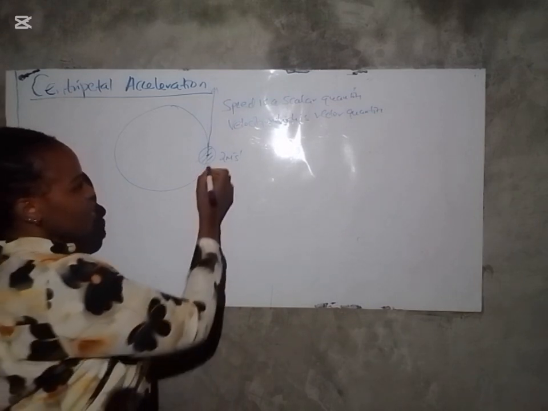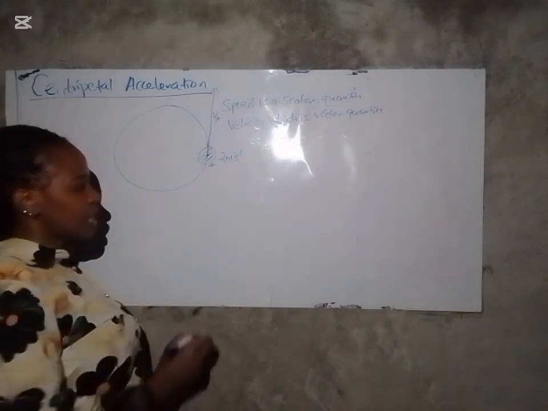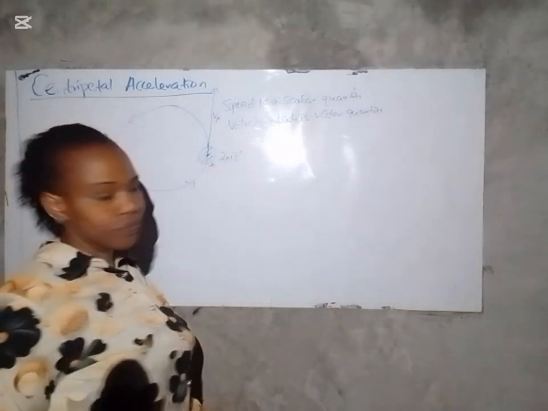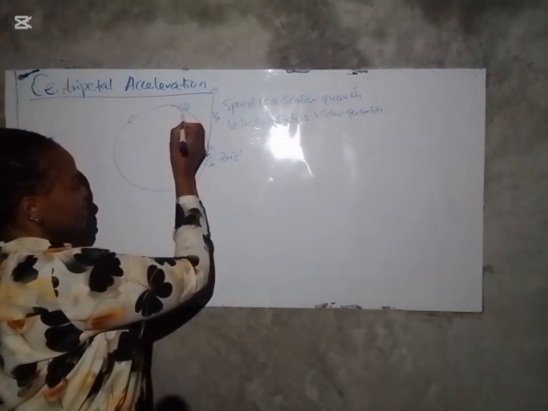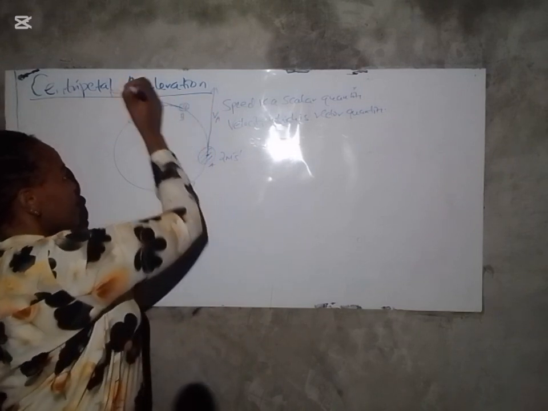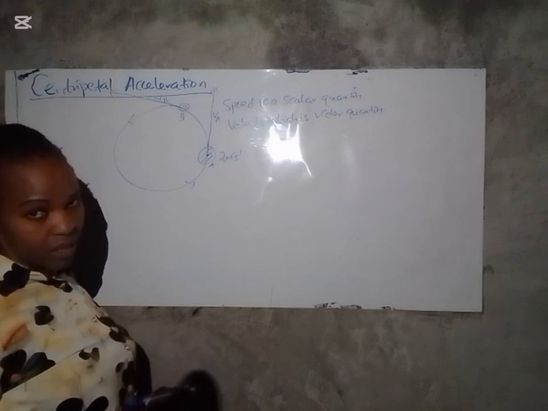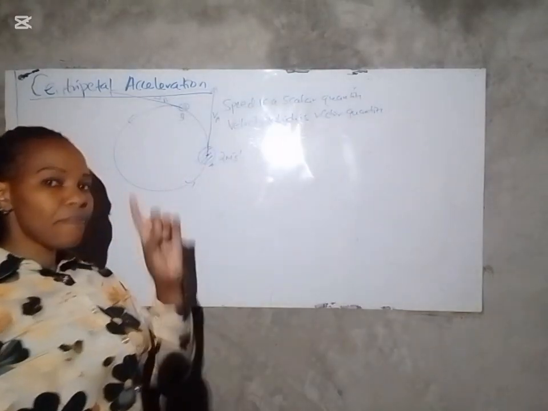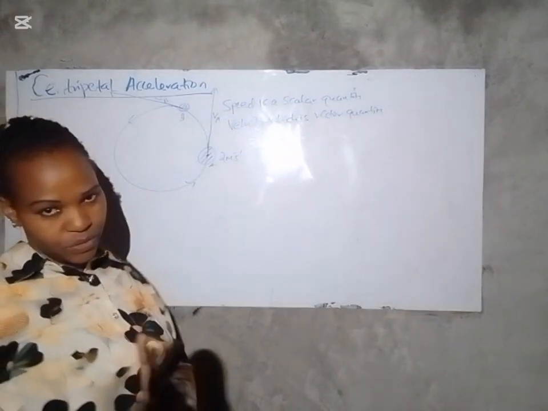If I call this point A, then the velocity is in that direction, assuming the body is moving anti-clockwise. If the body comes to point B, the velocity again will be along the tangent, and I call that VB. VA and VB have the same magnitude, 2 meters per second, but different directions.